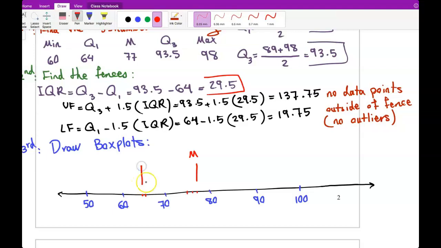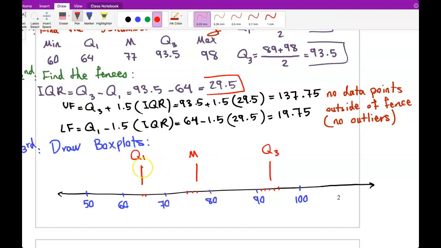Same thing, draw a vertical line. And Q3 is 93.5. So this is 93.5. This one Q3, here Q1.